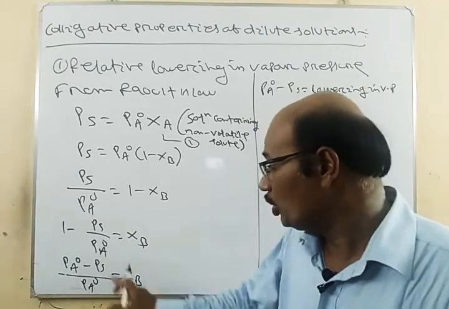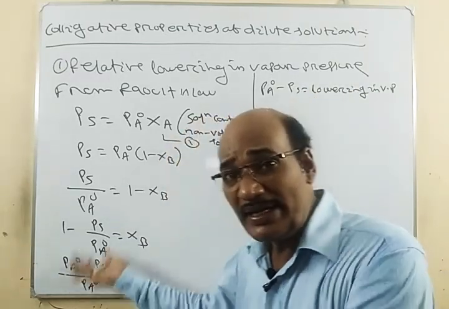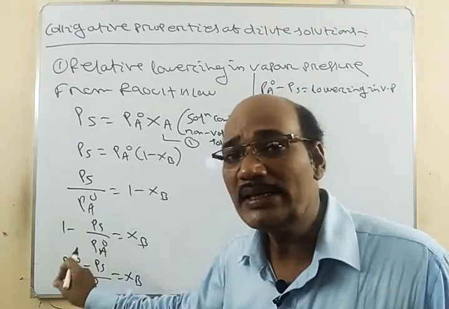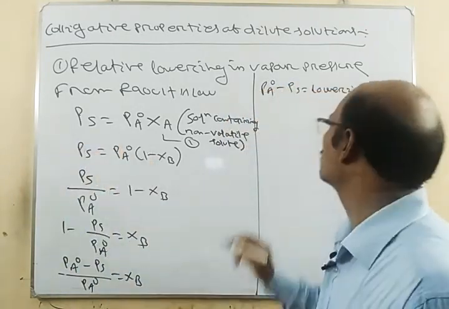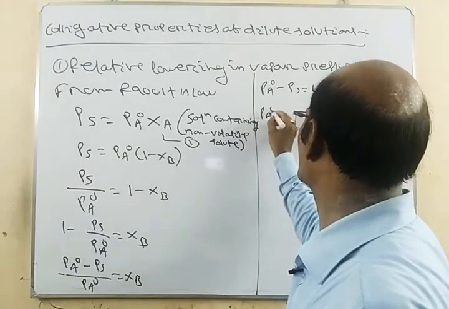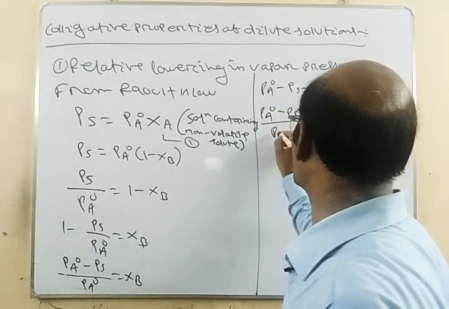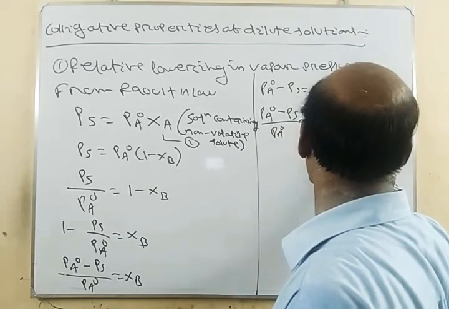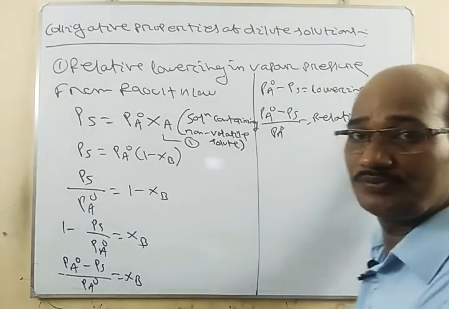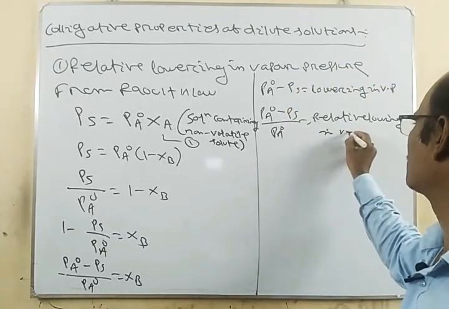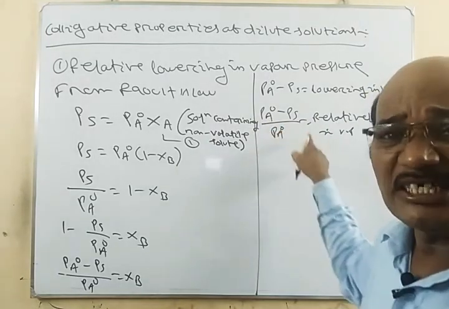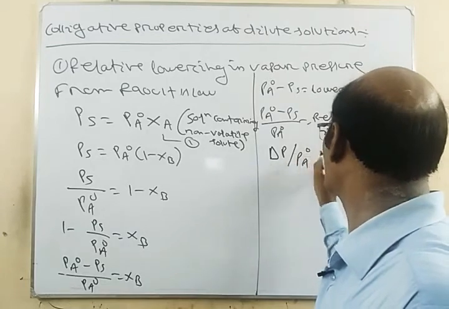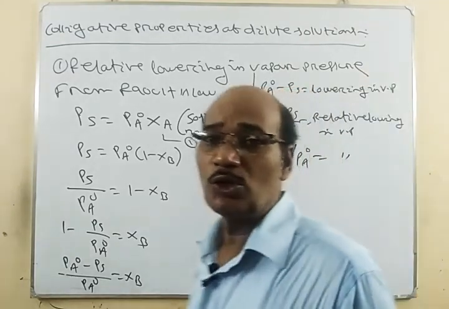And lowering in vapor pressure relative to the pure solvent PA0 is called relative lowering in vapor pressure. So (PA0 minus PS) by PA0, that is delta P by PA0, is the relative lowering in vapor pressure.